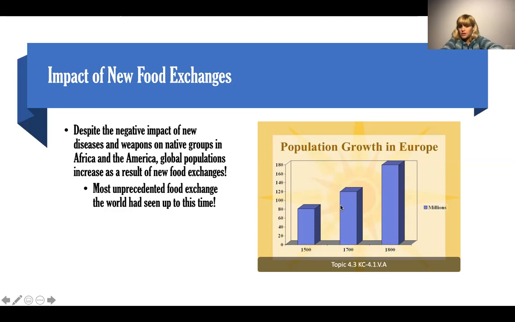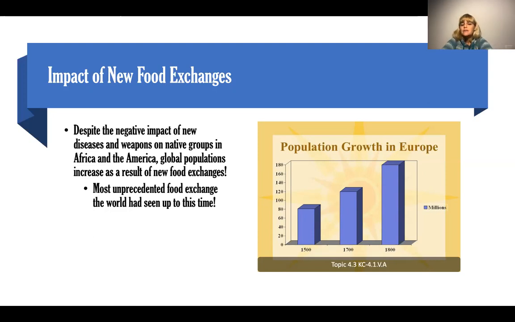So this is just one example right here, guys, of what it looks like. European population is pretty small in 1500, but this is kind of the start of the Columbian Exchange. So 200 years later, you can see the immense population growth. And by 1800, right, this is just after period 3 starts, Europe has almost doubled, okay? Actually, I think Europe has doubled, yeah.